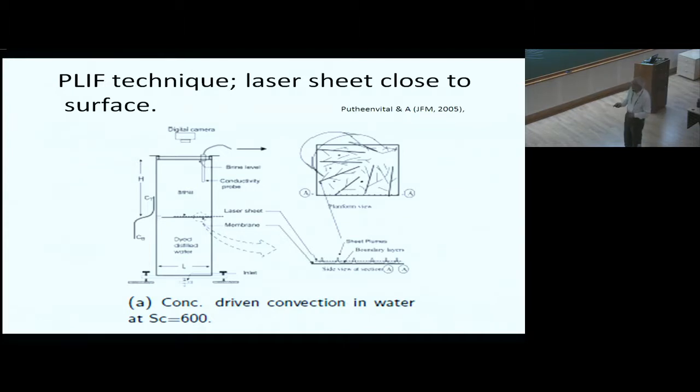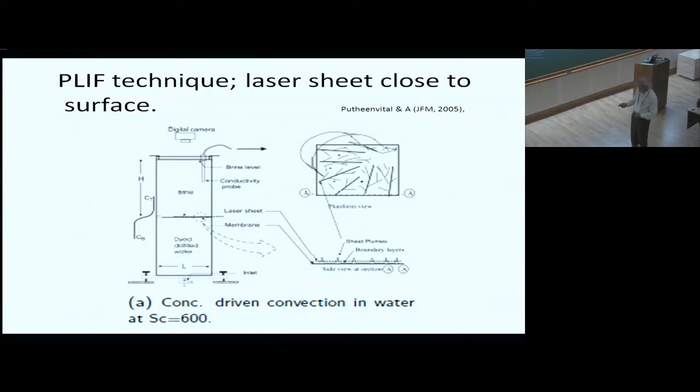And then we put fluorescein dye in the bottom tank, and a sheet of laser light just above the surface. So what we have visualized is what is happening very close to the surface.